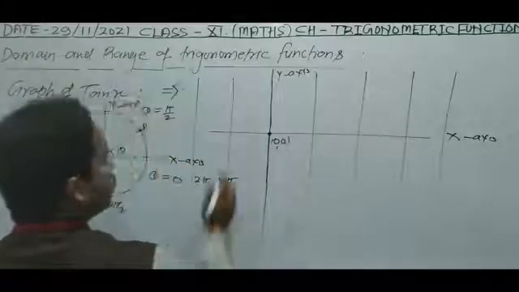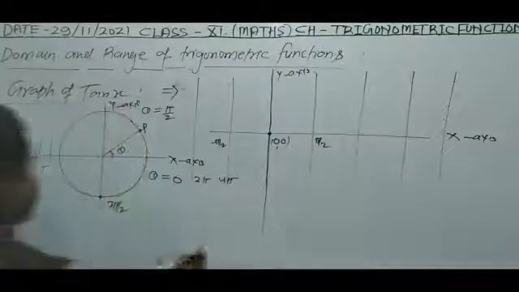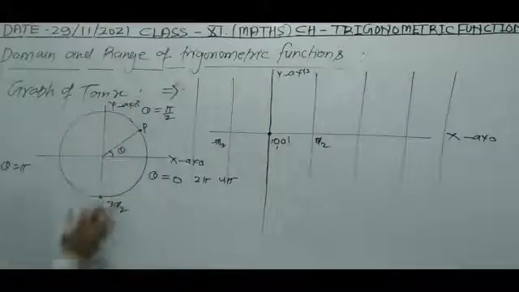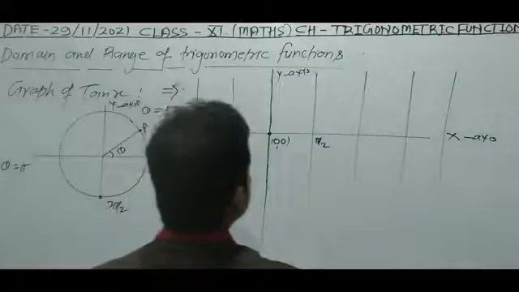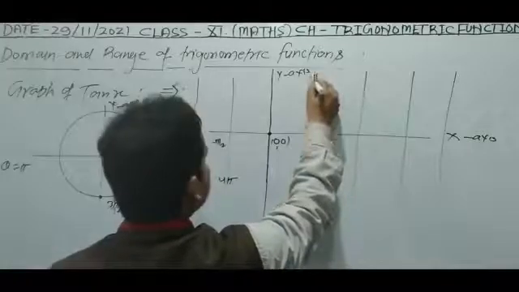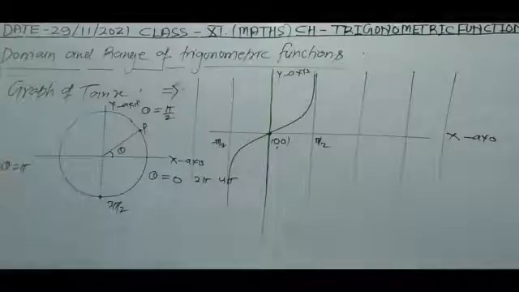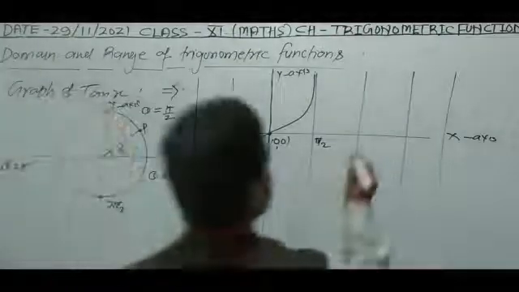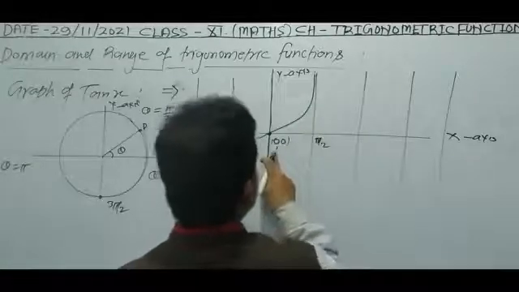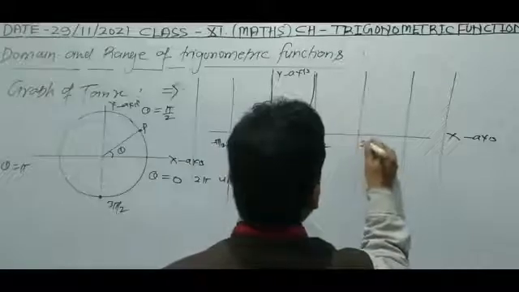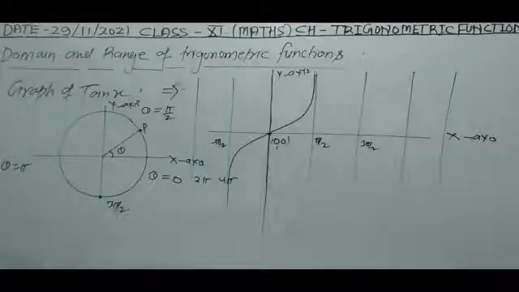This is pi by 2 and this is minus pi by 2, and minus pi by 2 is the symmetric angle of pi by 2, so at minus pi by 2 the result will be minus infinity. So for tan theta, you will get this type of shape. And similarly, this is pi by 2, 0, and this is 3 pi by 2 also.